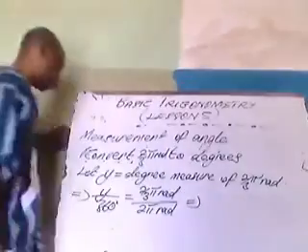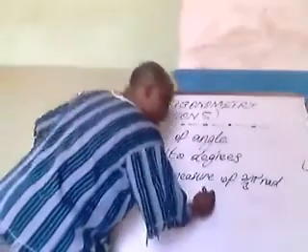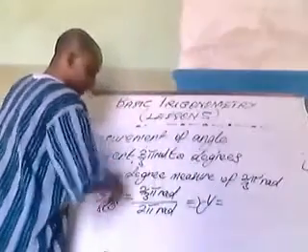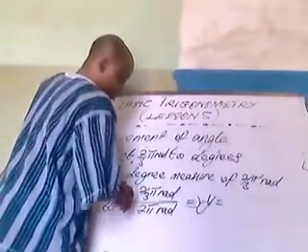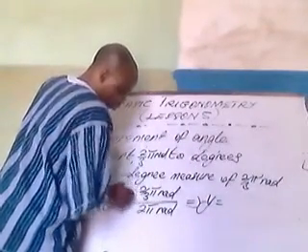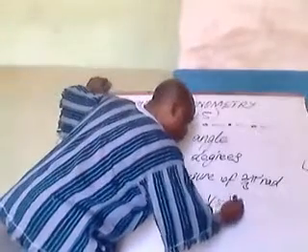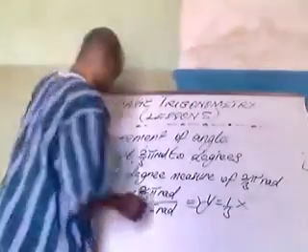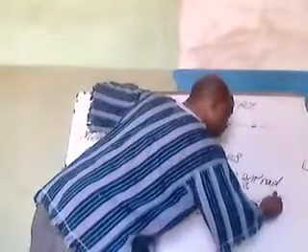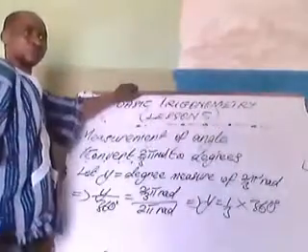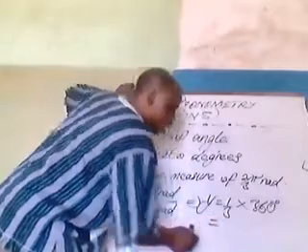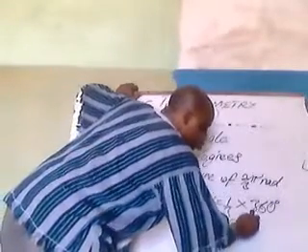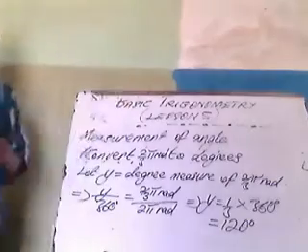Then making y the subject, we will end up getting y being equal to, by simple analogy, 1 over 3 times 360 degrees. And this we will end up getting 120 degrees.